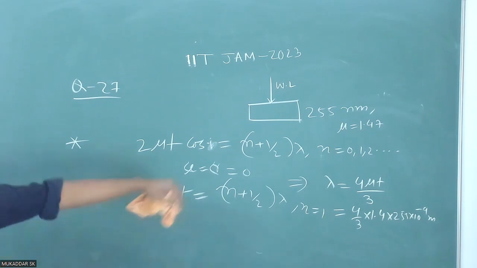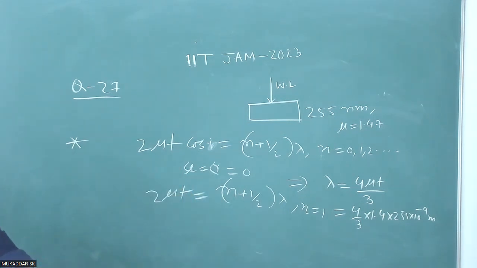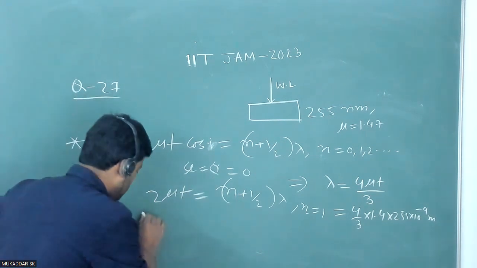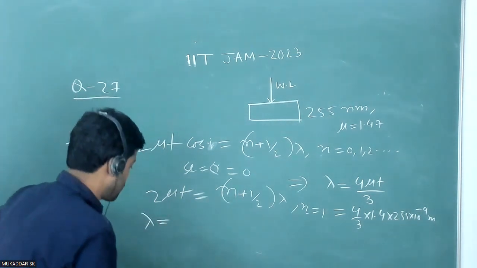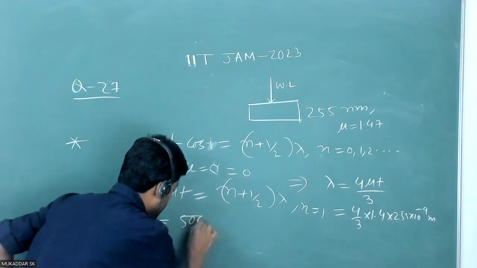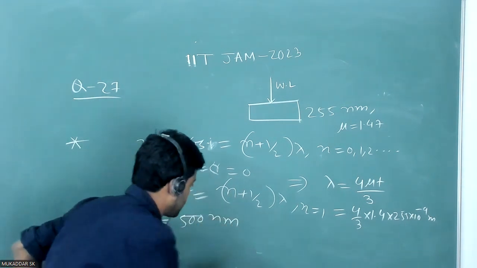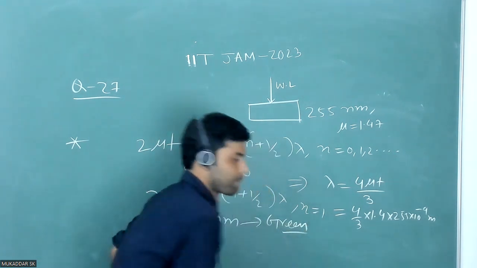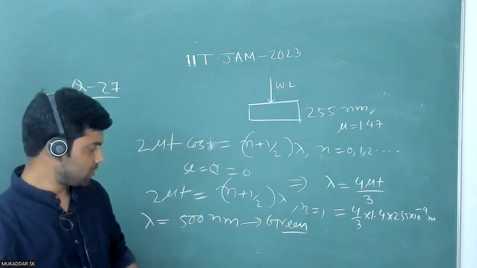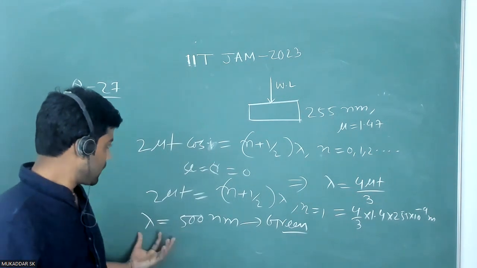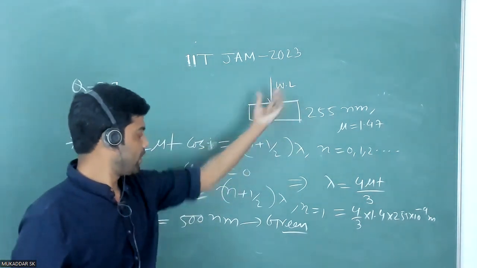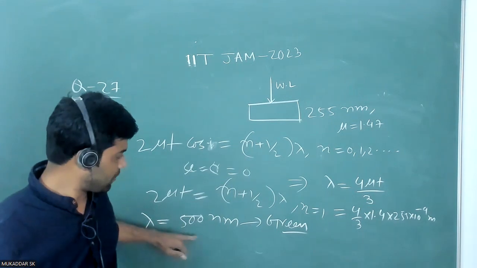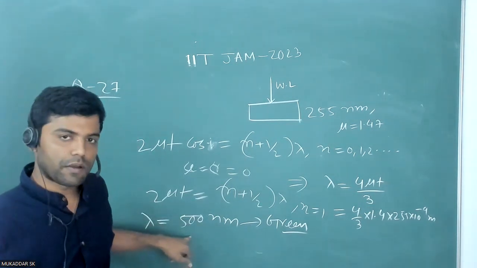To calculate this value, lambda will basically come around 500 nanometer, and that is basically green. So this will be the option: the wavelength of interfered light that will be dominated will be green, having wavelength 500 nanometer.